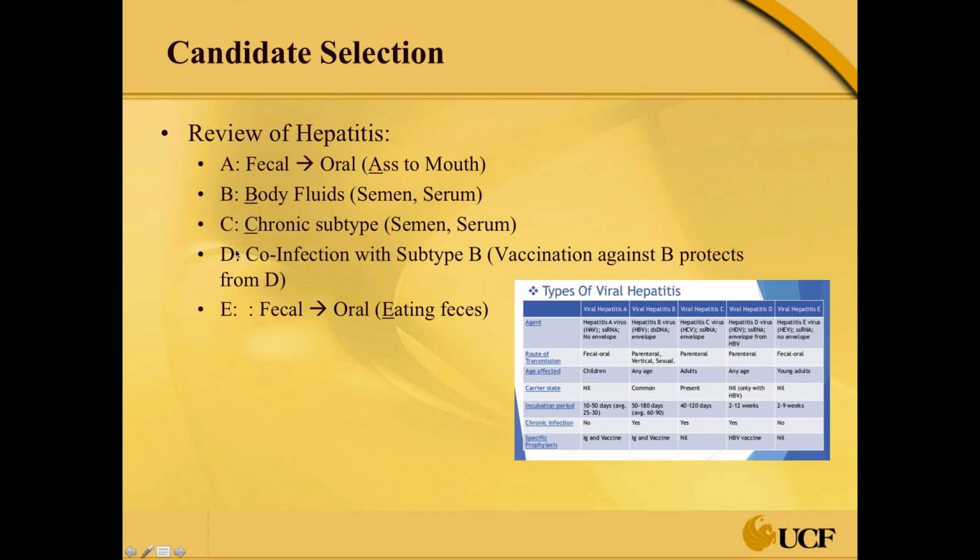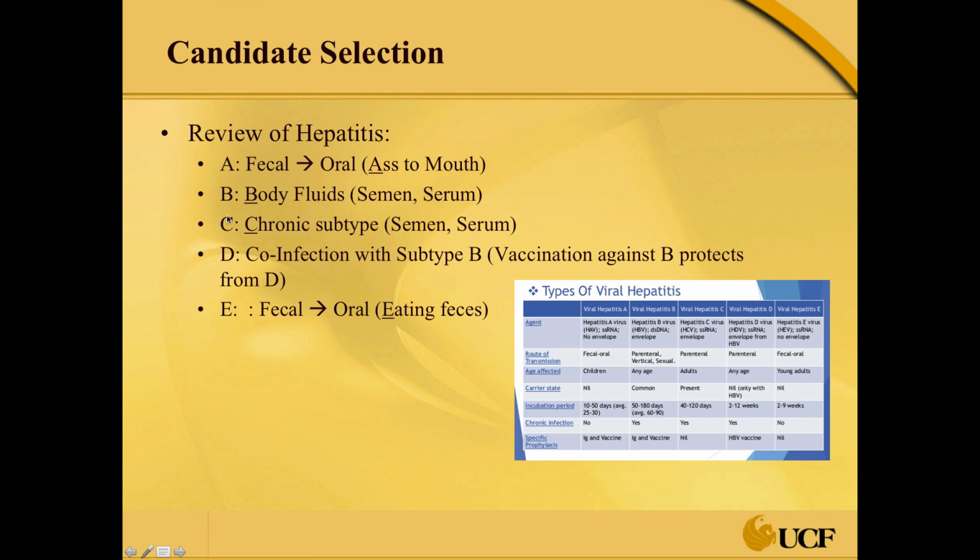Note that type D comes from a co-infection with subtype B. So the patient is previously infected with type B, and there are DNA changes within the virus that result in a type D infection. If the patient is vaccinated against type B, then they're also protected against type D, because they can't get D if they don't have B.